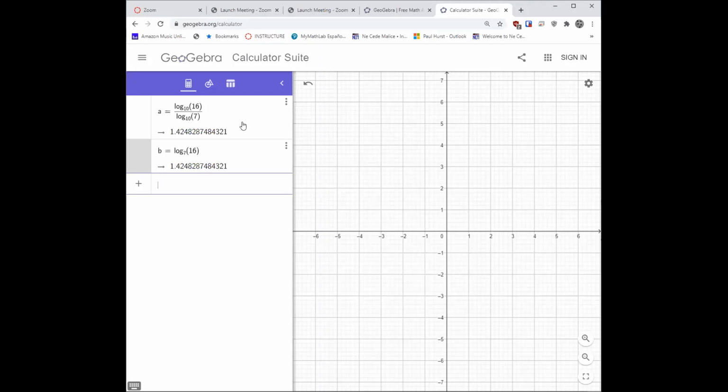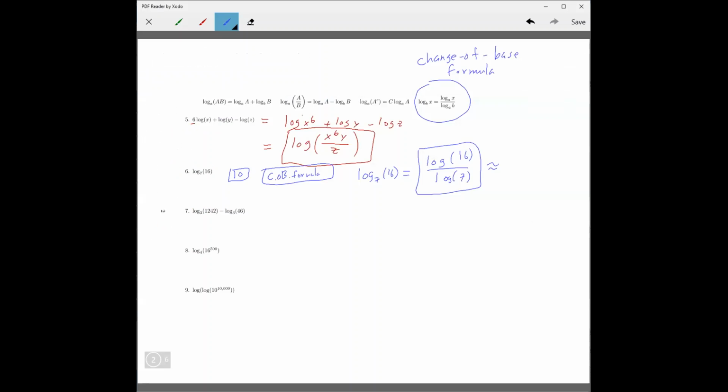And the other way that you can do it is, instead of using the log base 10, the common logarithm, you use the natural logarithm. That gives you the same answer, 1.425 either way. So any of these 3 ways is fine. In the end, we get the same answer, 1.425. So let's go back to the document, and 1.425 is the answer.